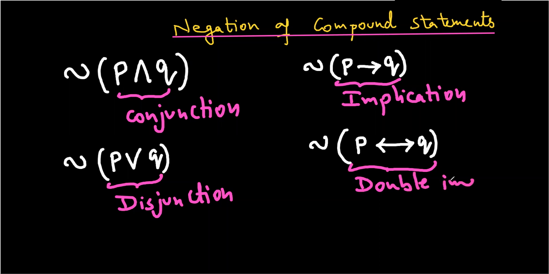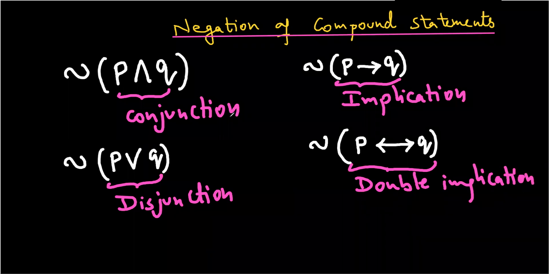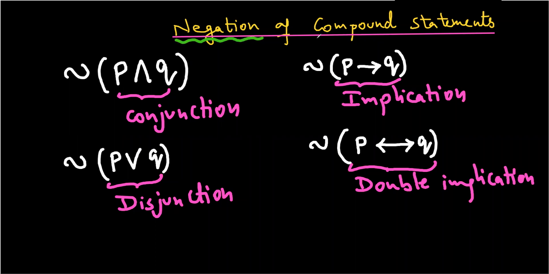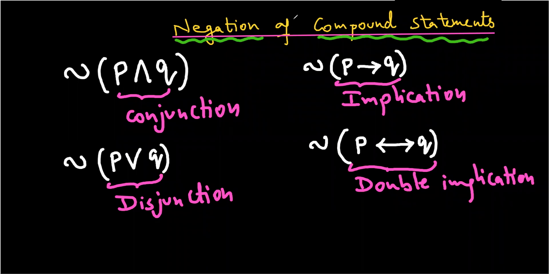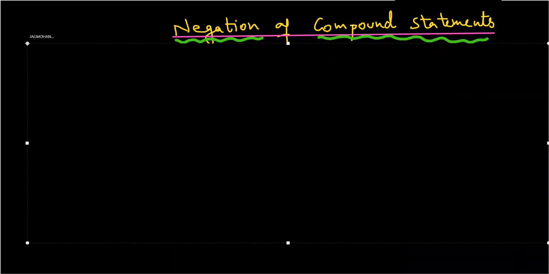So in this discussion, I'm going to teach you negation of compound statements. How many different types of compound statement do we have? We have conjunction, disjunction, implication, double implication. Very important concept. One by one, I will take all these. So let us begin with negation of conjunction.